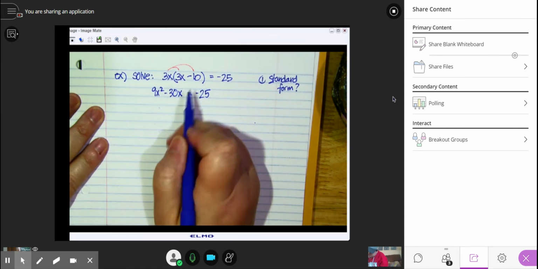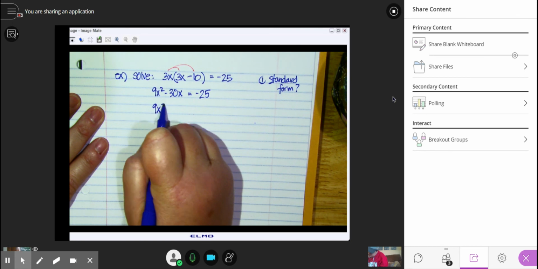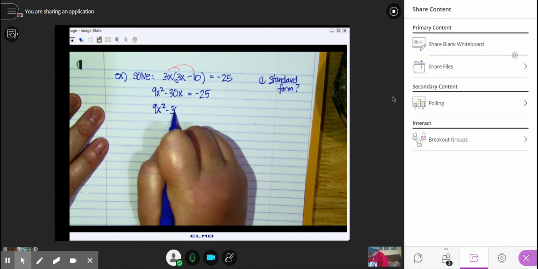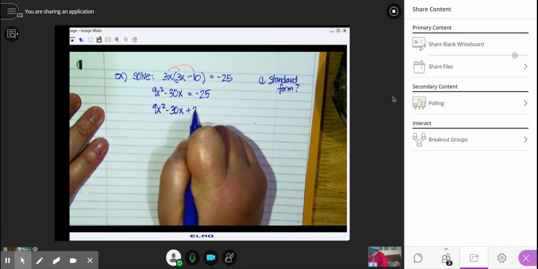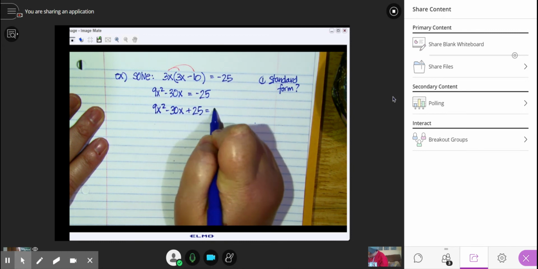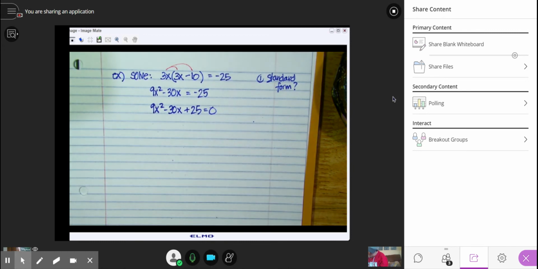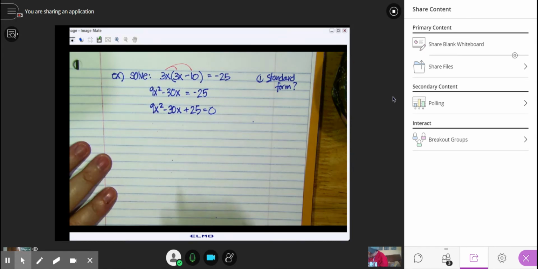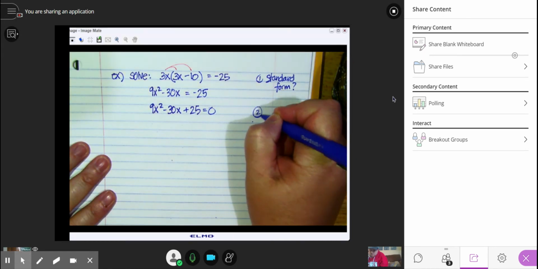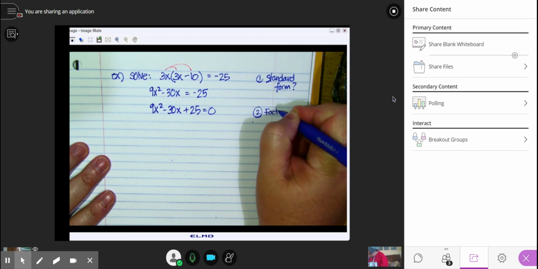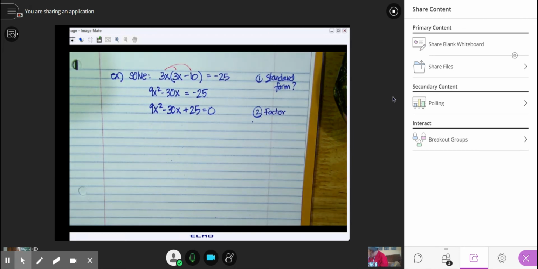And then I'm going to move that negative 25 over. 9x squared minus 30x plus 25 is equal to 0. Once we've got it into trinomial form, then we want to look at factoring.